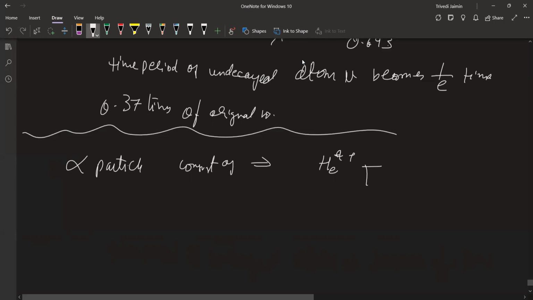That means 2 protons, 2 neutrons. In the options, only one has 2 protons and 2 neutrons, so this is the obvious answer.